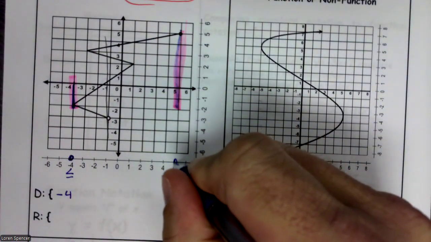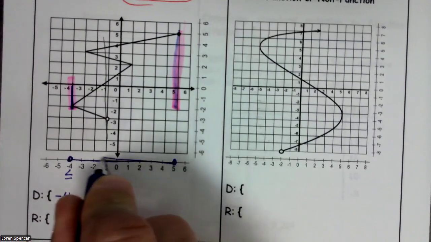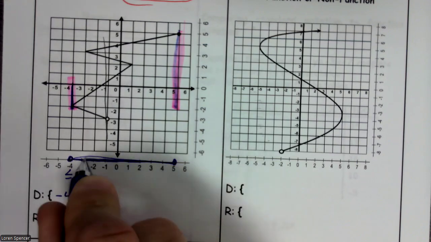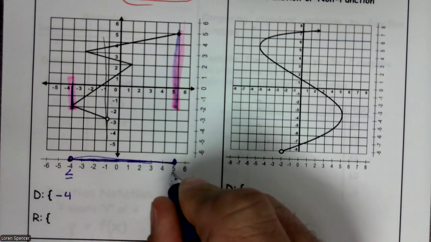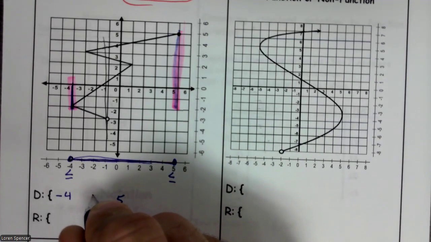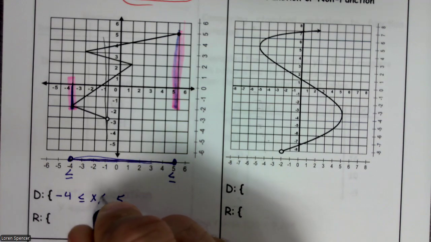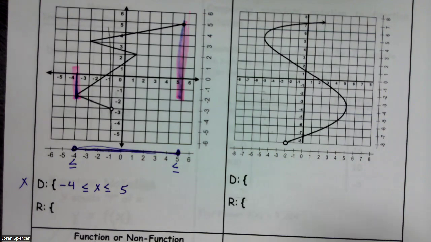And it's also a solid dot. So basically, it could be any value within this range, within this distance. So this is a 5. That's a solid dot, so it gets a less than or equal to. And remember, domain is the x's. Range is the y's.